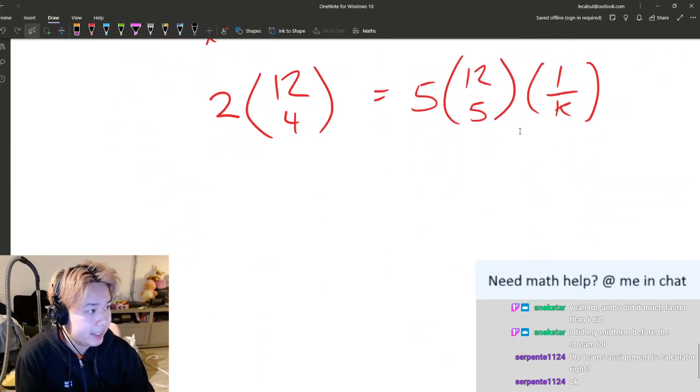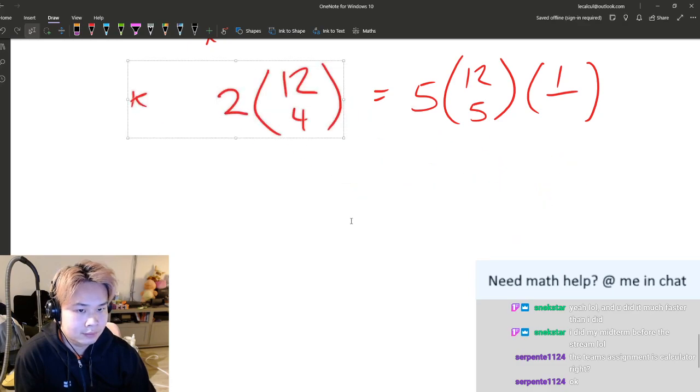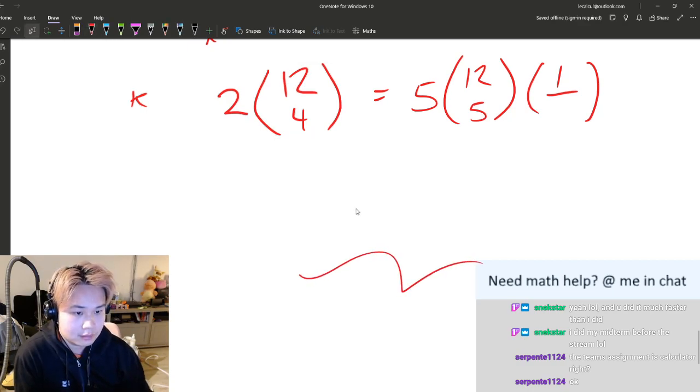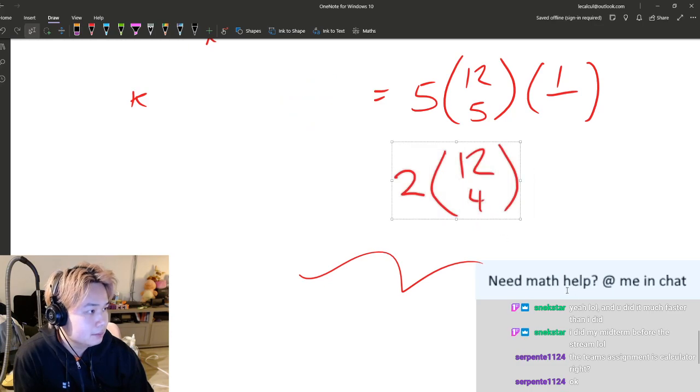And I'm trying to find out k, so this is easy enough, right? I multiply k over to this side and then divide, multiply k over here, divide, and then divide these over here.